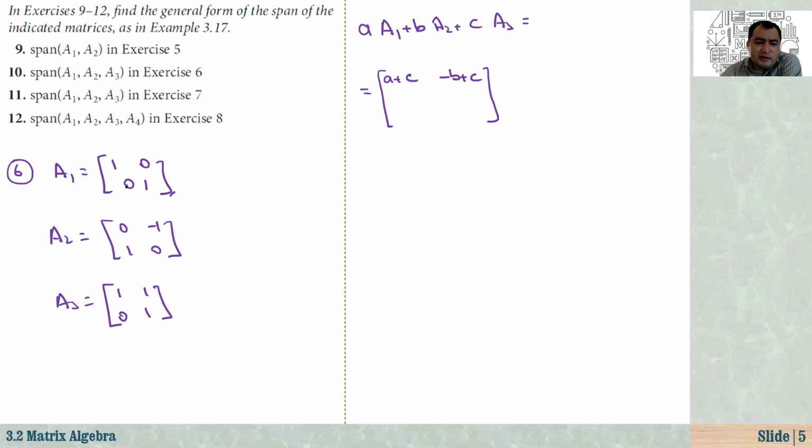The third component is 0 plus b plus 0, that is just b. The last component is b plus 0 plus c, so here we have b plus c. So we have a plus c, minus b plus c, b, and b plus c.